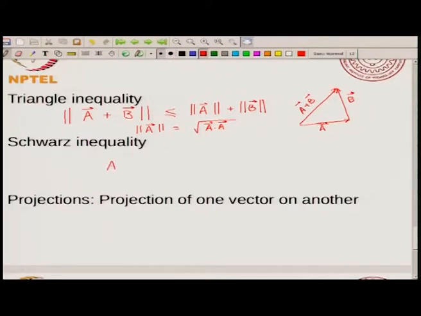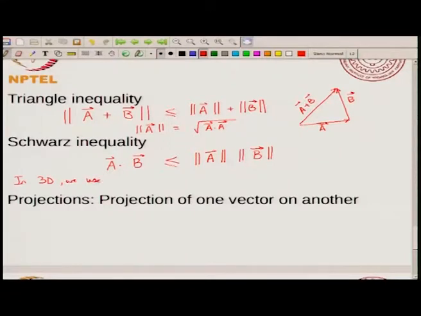A dot B, which is already a scalar, is less than or equal to the norm of A, which is also a scalar, multiplied by the norm of B. So, this is the Schwarz inequality.